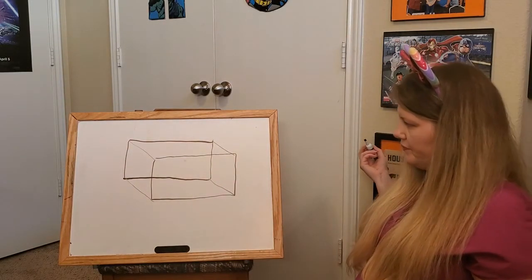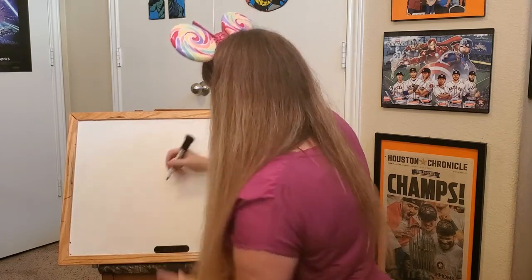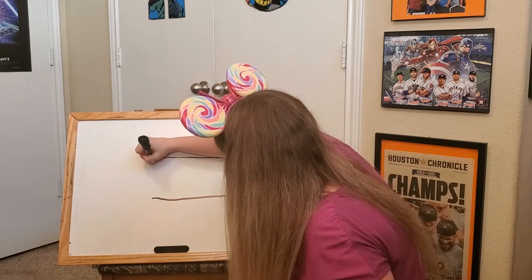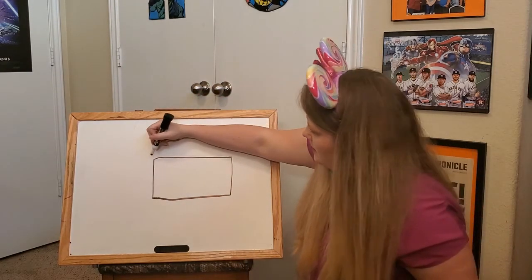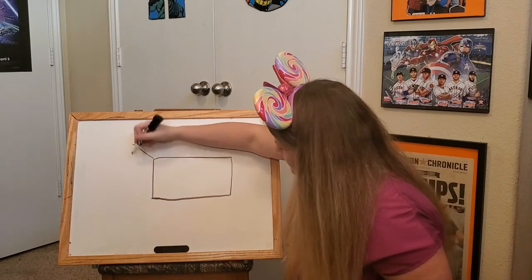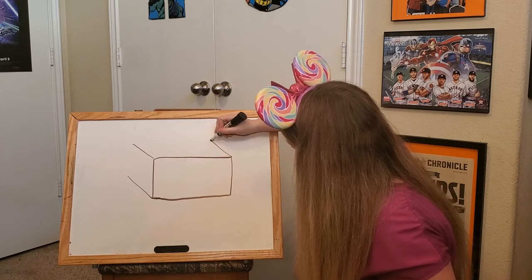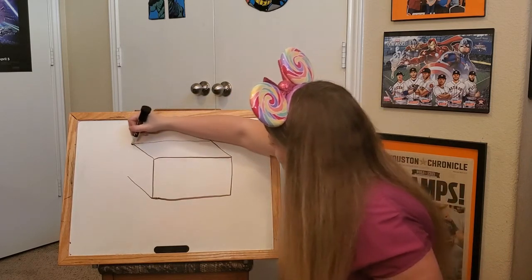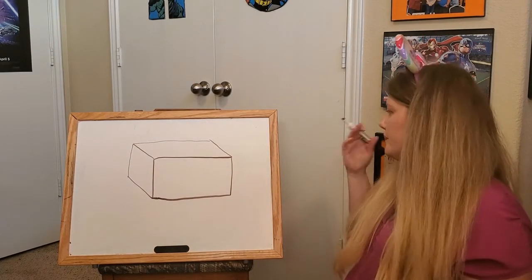Like that. Or I can just draw the rectangle and again draw those diagonal lines going the same direction and connect them like that. Same basic trick.